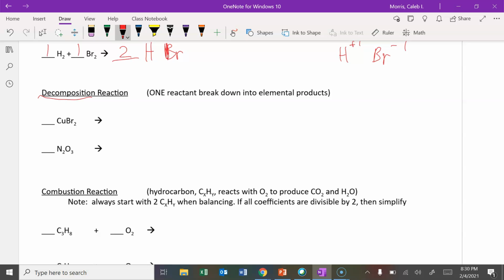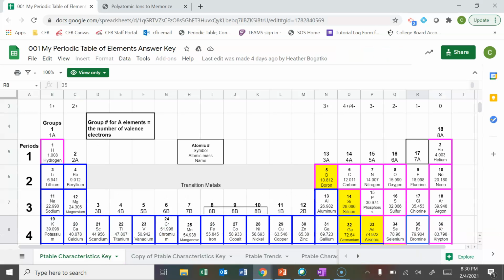Now, what do we always have to do when we're checking elements? We've got to look at our periodic table again, but this time, if we're talking about just elements, we're only concerned about whether they're diatomic. Our diatomic elements are hydrogen, and then you go to 7 and make a 7.